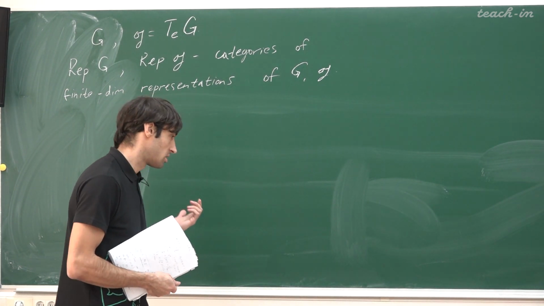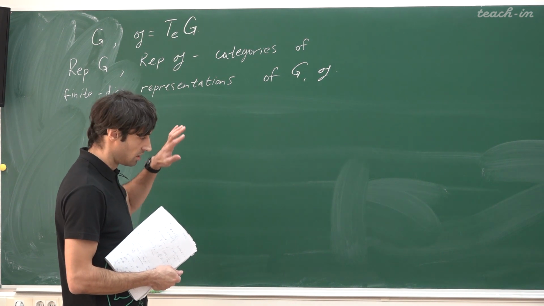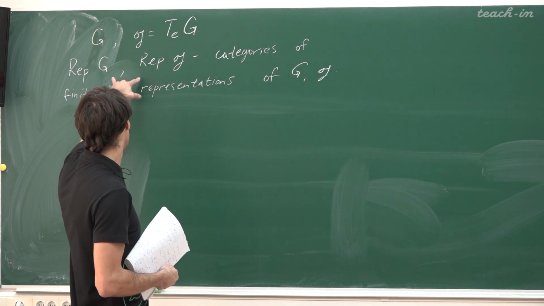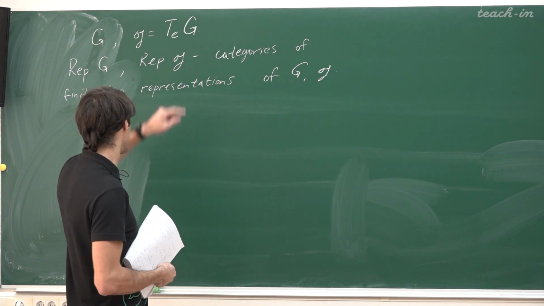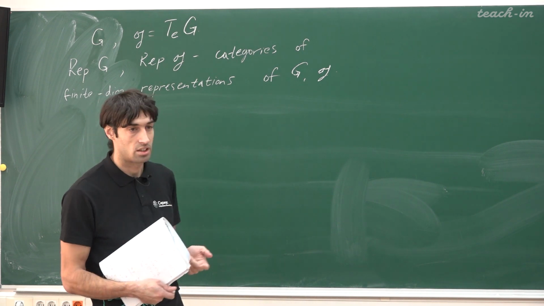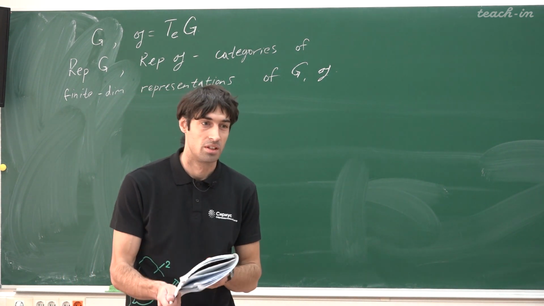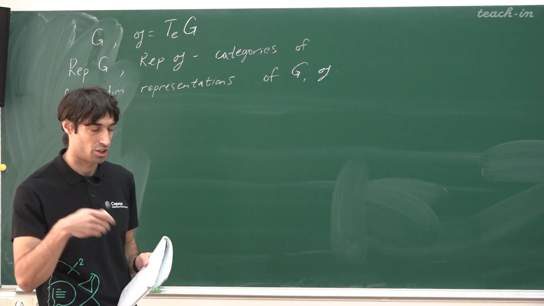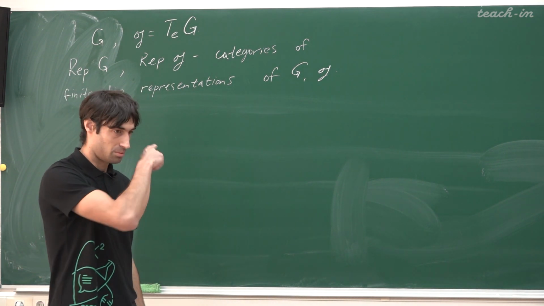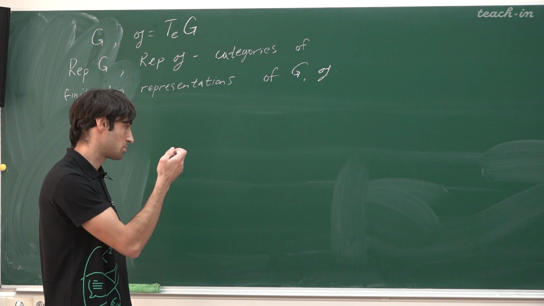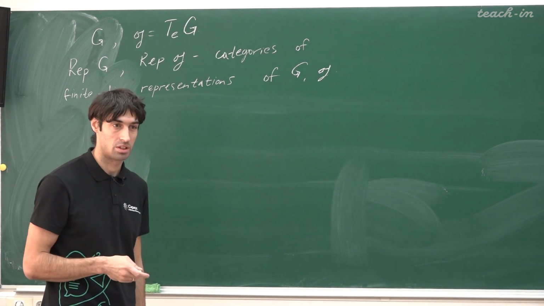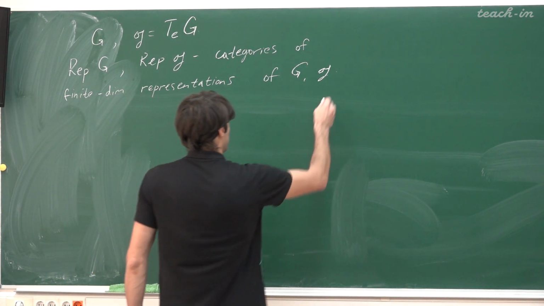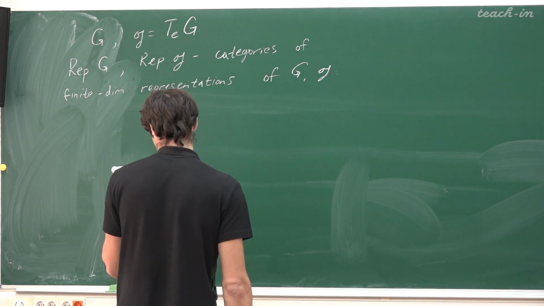All that says basically that these two categories are tensor categories, whatever it means. But this word was actually invented to just grasp all the structures that we introduced last time.